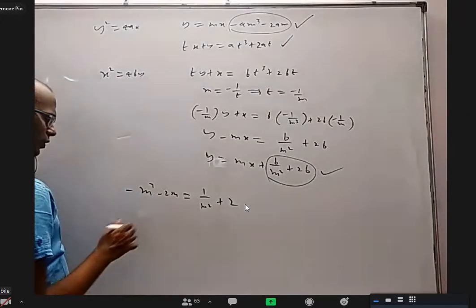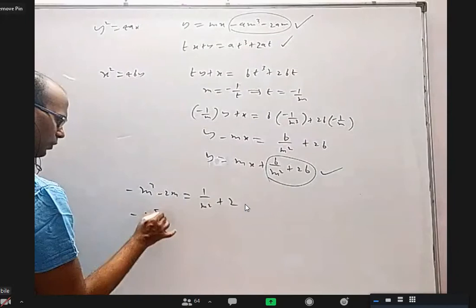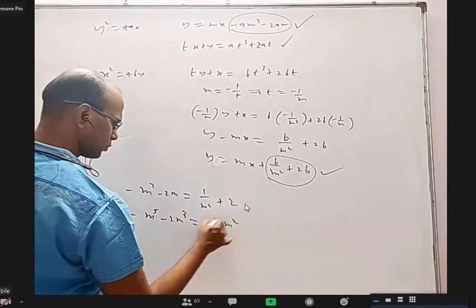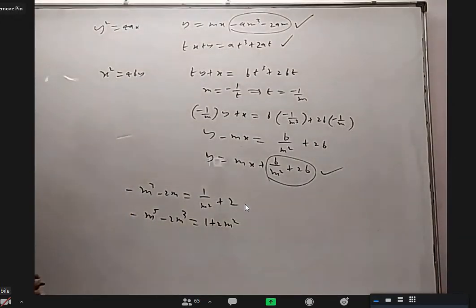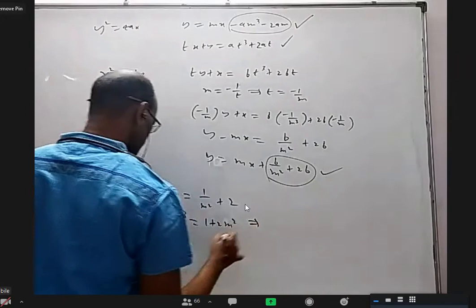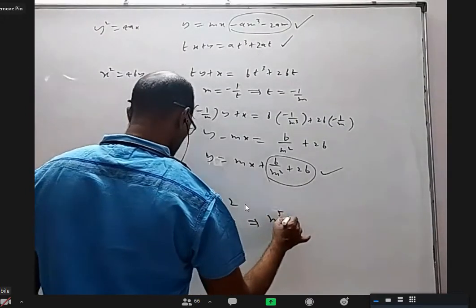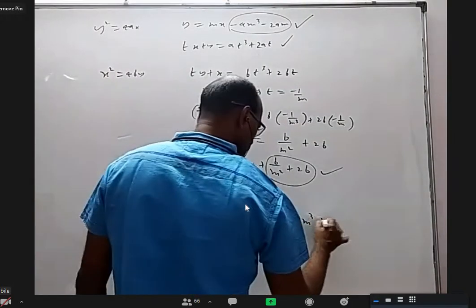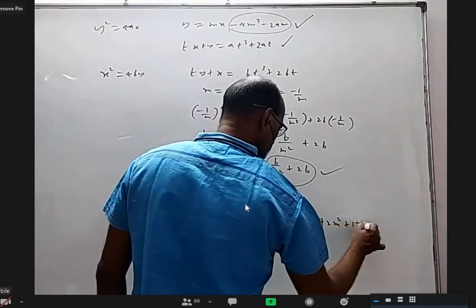Okay, this is coming as a fifth degree: minus m power 5 minus 2m cube equal to 1 plus 2m square. If you send everything that side, you will get m power 5 plus 2m cube plus 2m square plus 1 equal to 0.